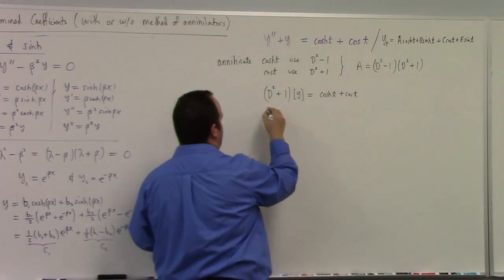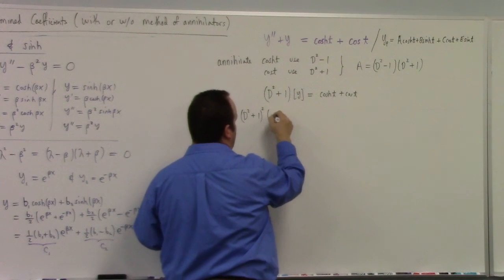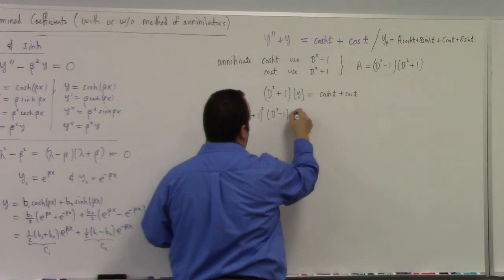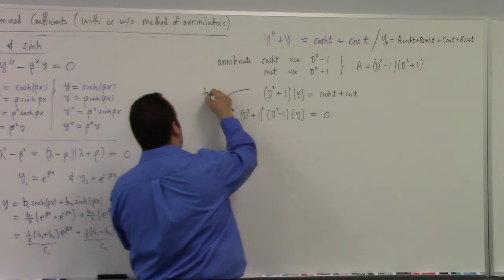So then we annihilate this, and it gives us D squared plus 1 squared times D squared minus 1 of y equals 0, taking A of both sides.